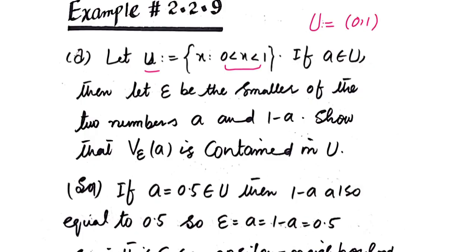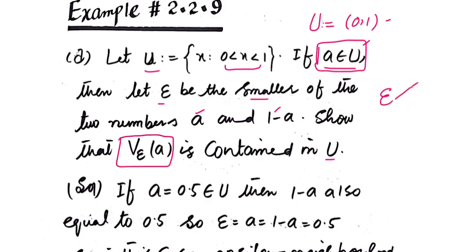If a is any real number belonging to U, and let epsilon be the smaller of the two numbers a and 1 minus a, we have to show that the epsilon neighborhood of a is always contained in U. We have an open interval 0 to 1. We have to choose any real number a from U. Epsilon is the smaller between the numbers a and 1 minus a.